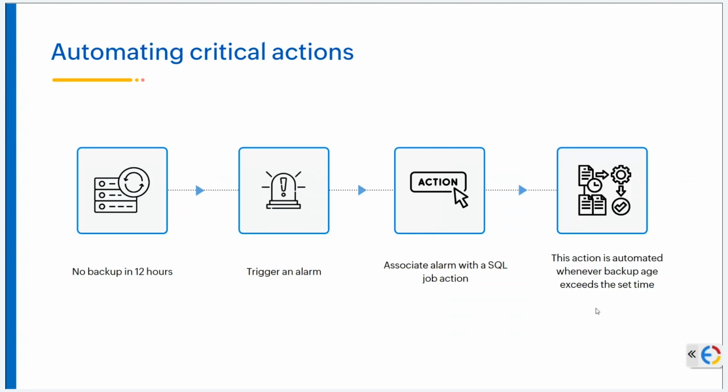You can create a custom script that can initiate a series of automated actions, such as launching a new SQL job to initiate the missed backup immediately, or sending a notification email or SMS to the IT staff, informing them of the missed backup and the corrective actions that have been taken.